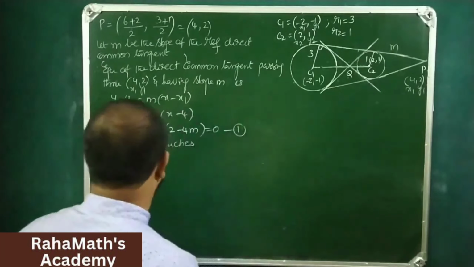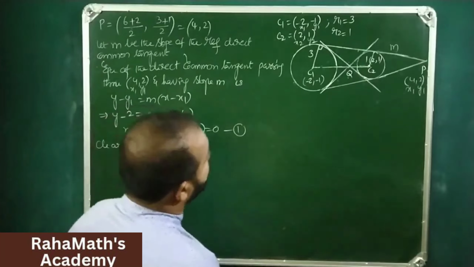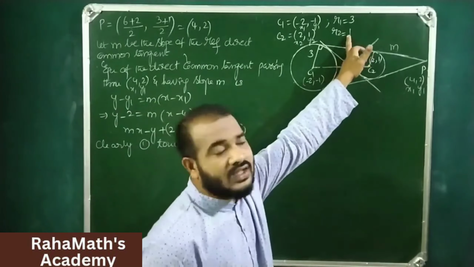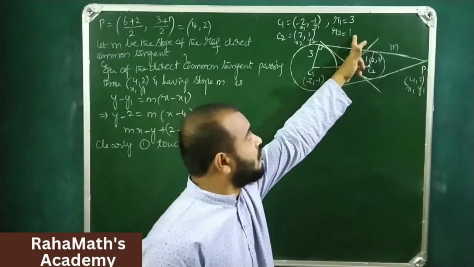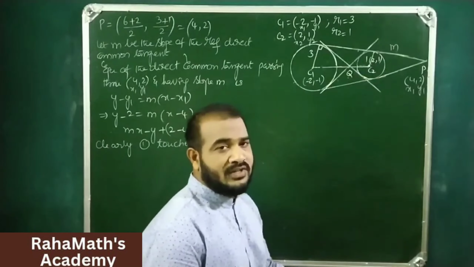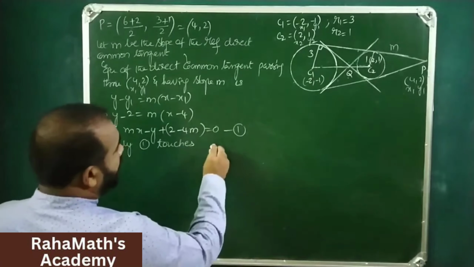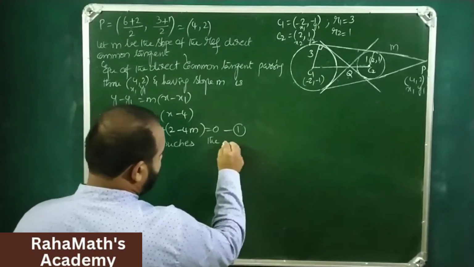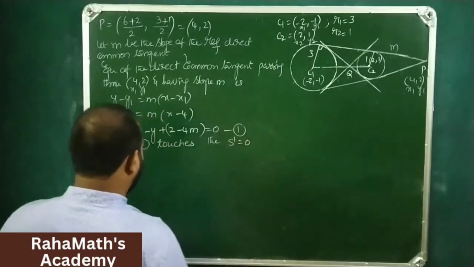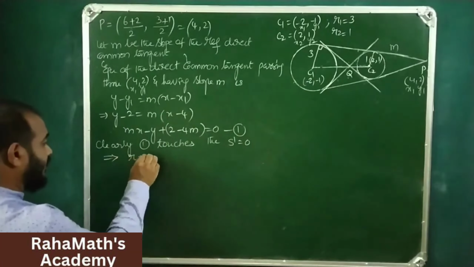I'll take the second circle because the radius is 1 and the simplification will be easier. So clearly 1 touches the second circle, S dash equals 0, implies r equals d.